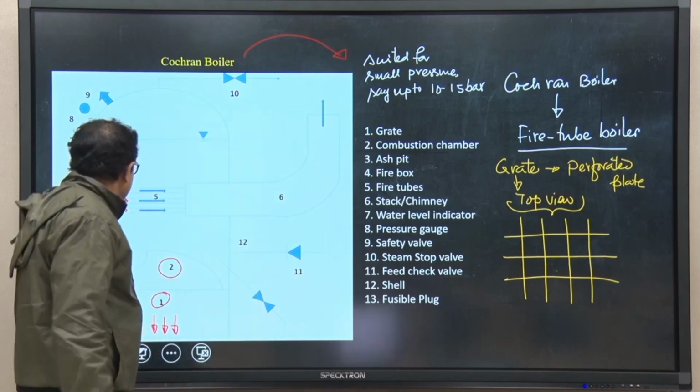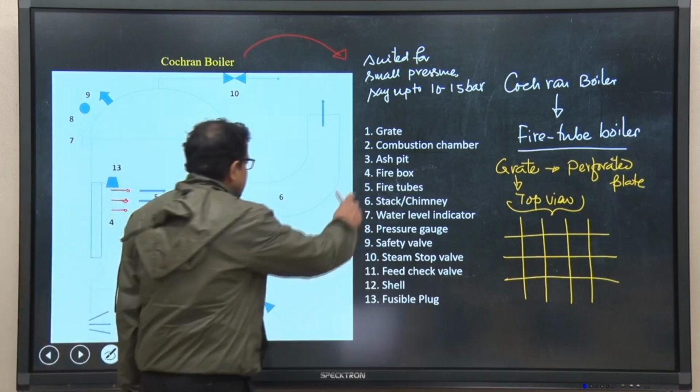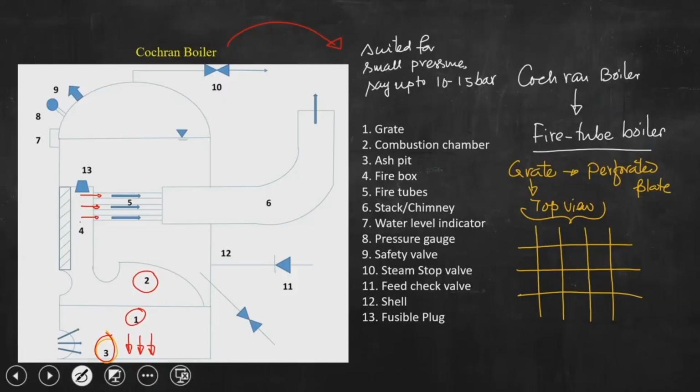Okay, now coming to the remaining components. These are the fire tubes, and 6 is the stack and chimney. You can understand that all these pipes are connected between two ends. One end, that is 4, is the firebox, through which flue gas comes into the pipes, and the other end of the pipes is connected to the chimney.